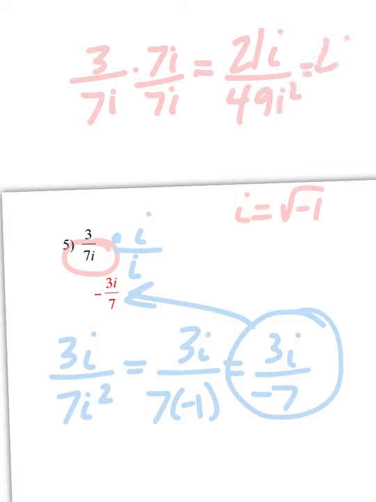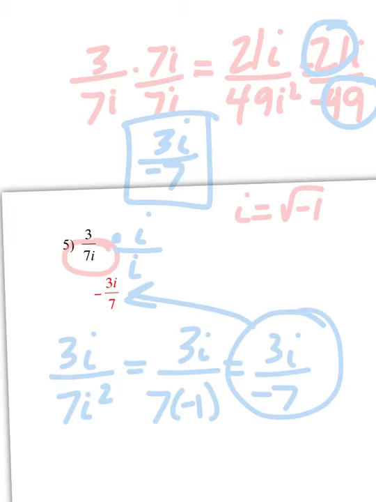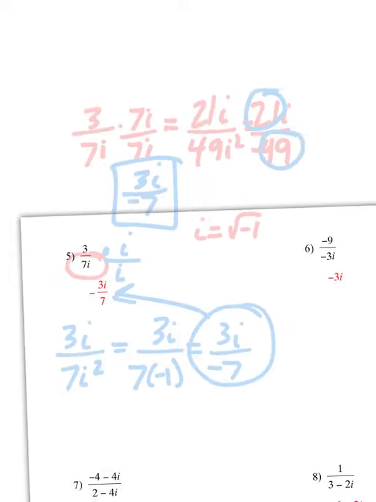So that'll be 21i over negative 49, because again, i squared is negative 1. Now, what you would have to do at this point is to take 21 and 49 and divide them by 7, which would give you 3i over negative 7. So you end up with the same answer. It's just you'd have to do an extra step of simplifying. So that's why I would just multiply by i instead of the 7i.